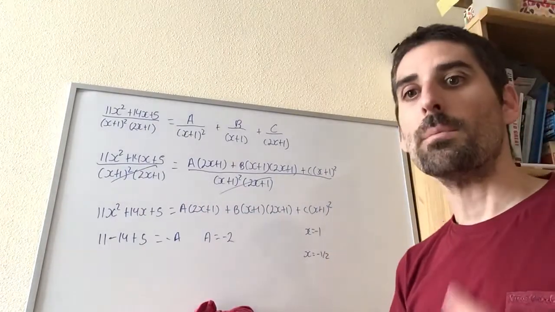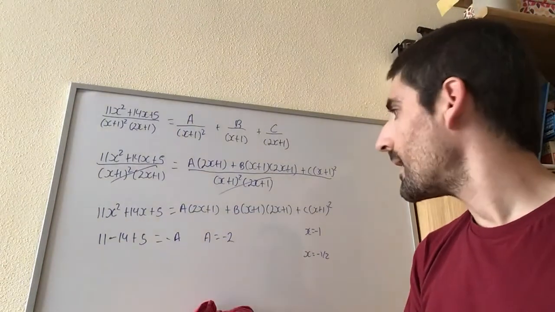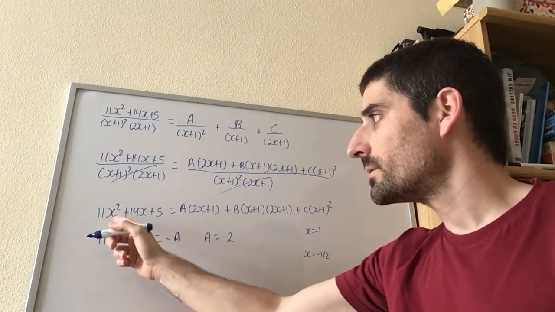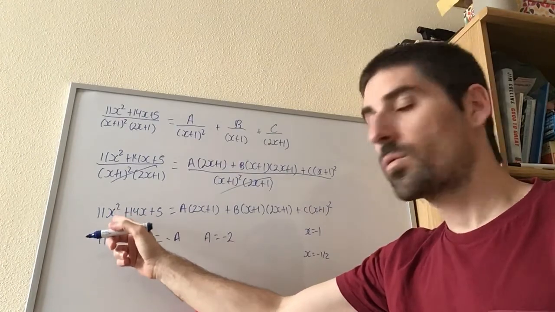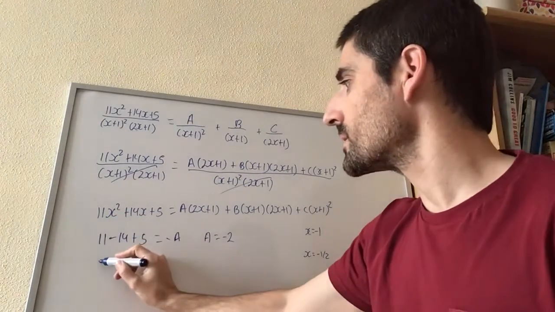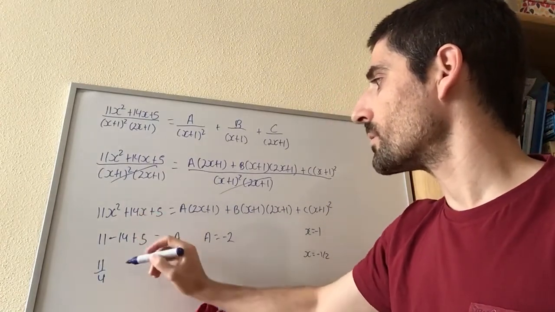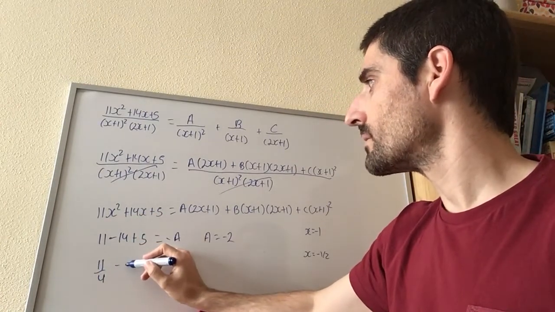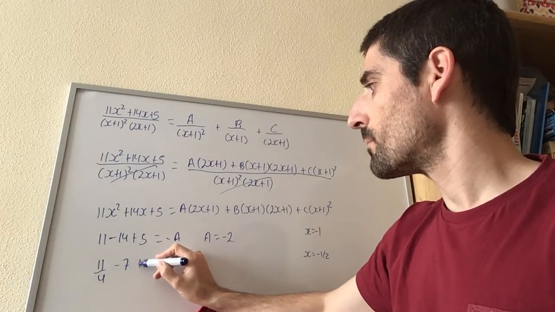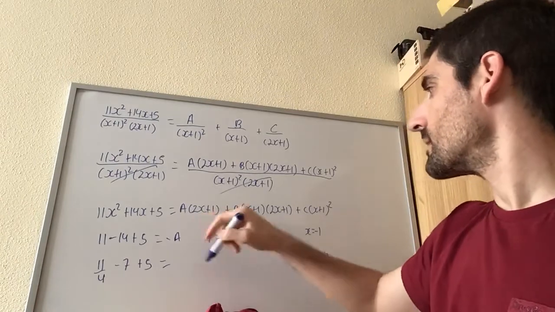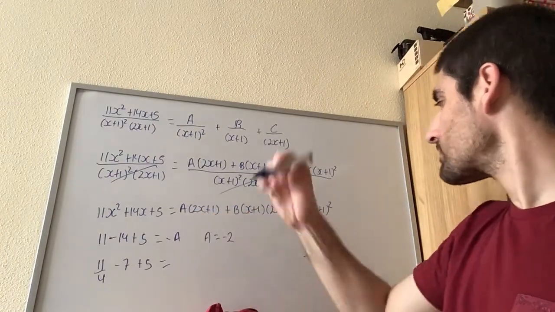So when I substitute minus a half in there, I get minus a half squared is a quarter, so 11 quarters, minus a half times 14, so minus 7, plus 5 equals, that goes to 0, that goes to 0.